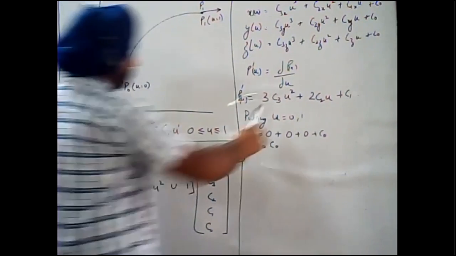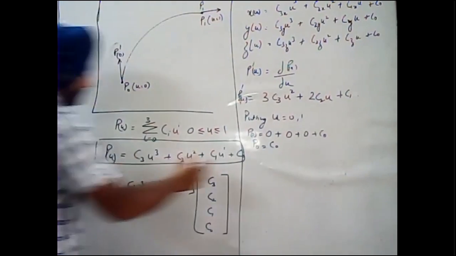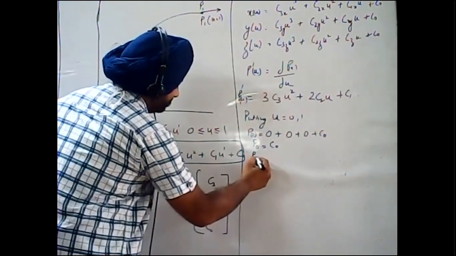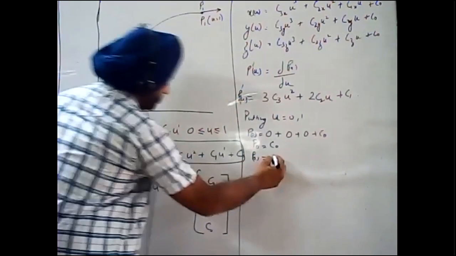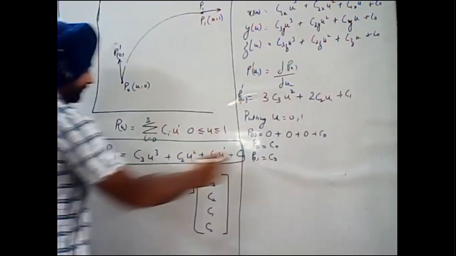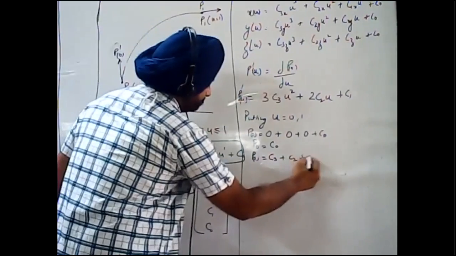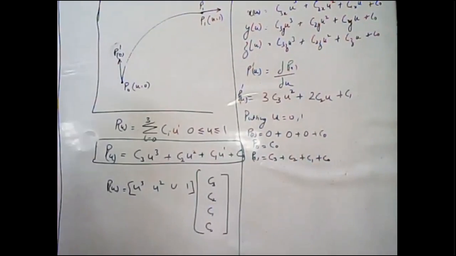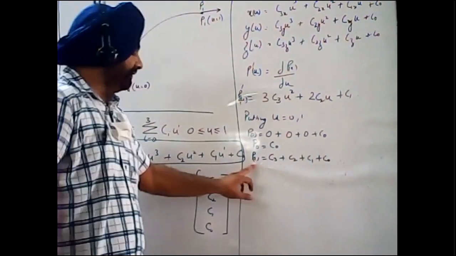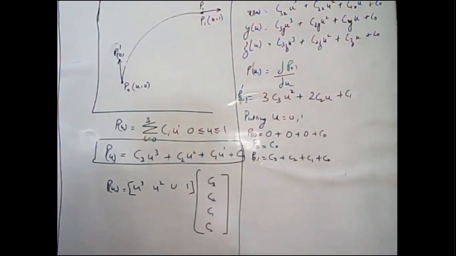Then putting the value 1 in this equation, P1 will become, putting u equal to 1, this is C3, then C2, then C1 and C0. That means in this case P1 is equal to C3 plus C2 plus C1 plus C0, right?